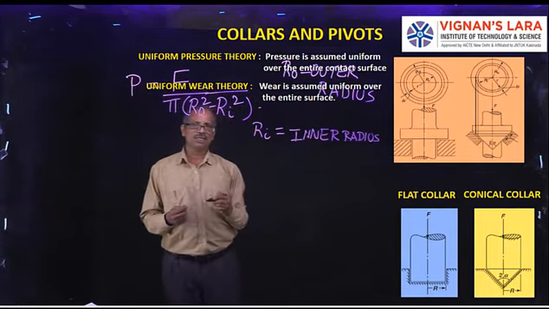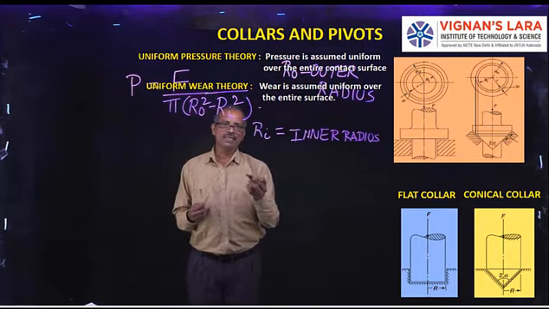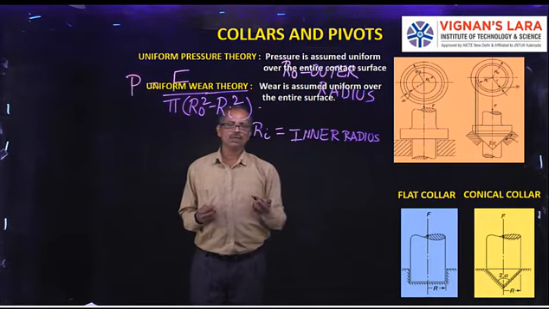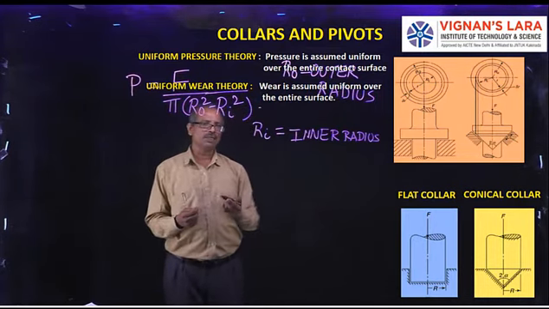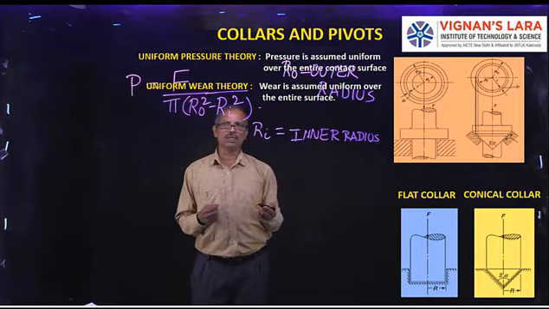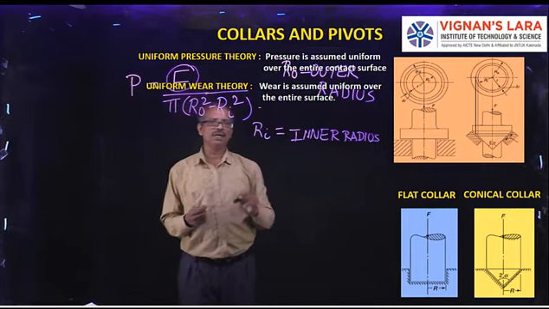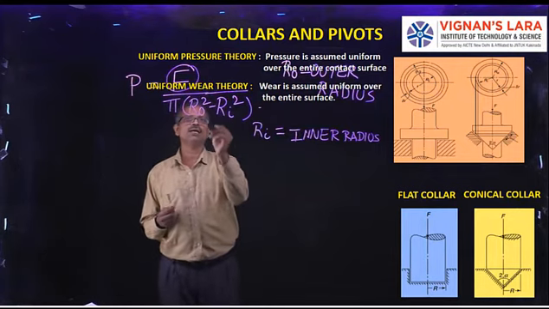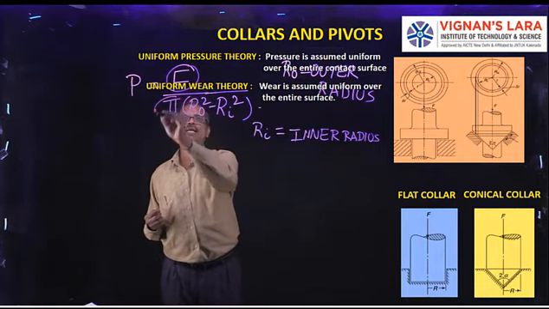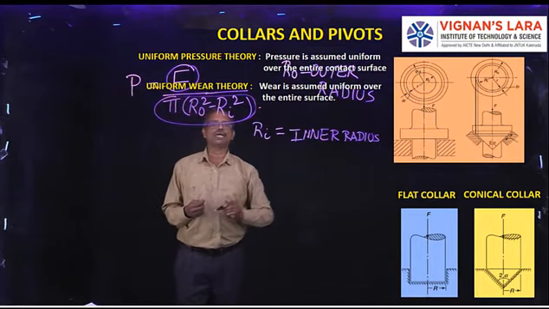As we said, the force is acting axially. You are aware of it, the pressure is nothing but load by area. What is the load? Load is F. What is the area where it is resting? It is resting on this circular ring area, which is pi (R naught square minus Ri square).